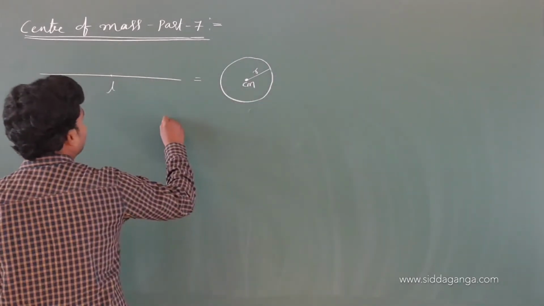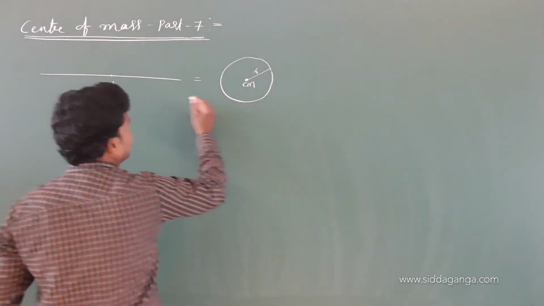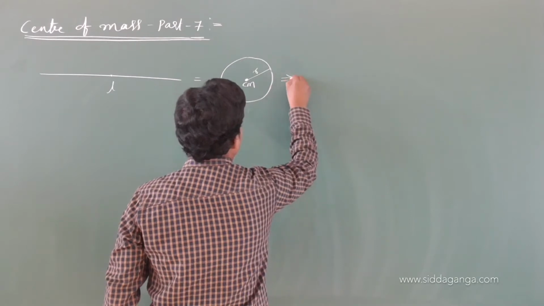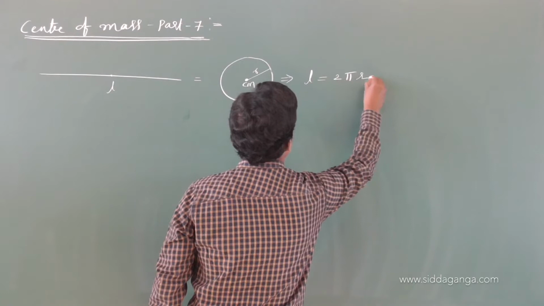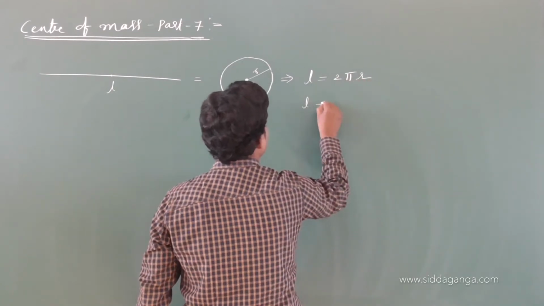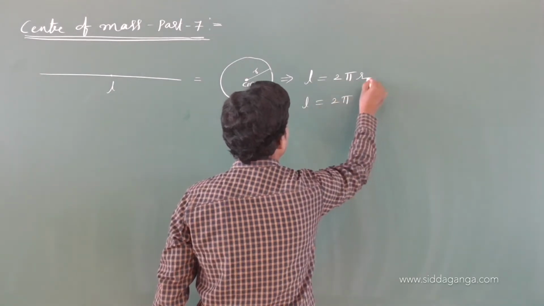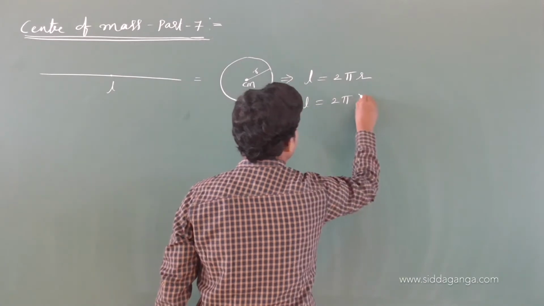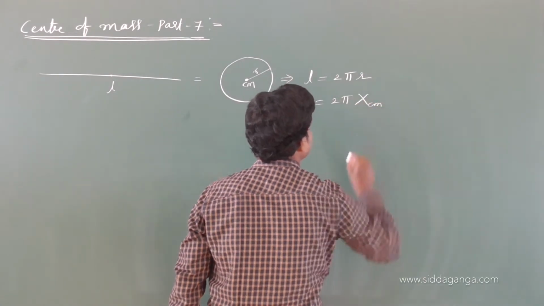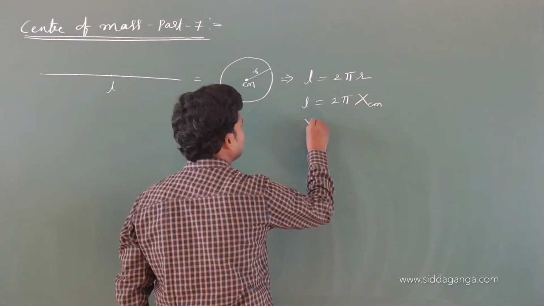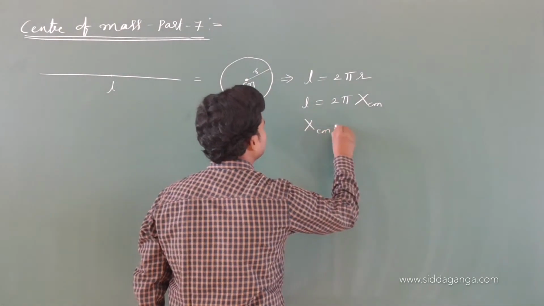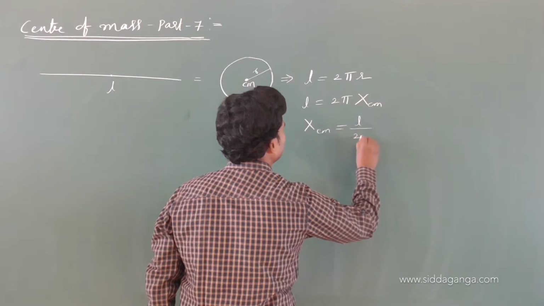So we can write the length of this circle is nothing but 2 pi r. What is this r? r is nothing but the shift. So let me write xcm, the shift in center of mass. Then xcm is equal to L by 2 pi.